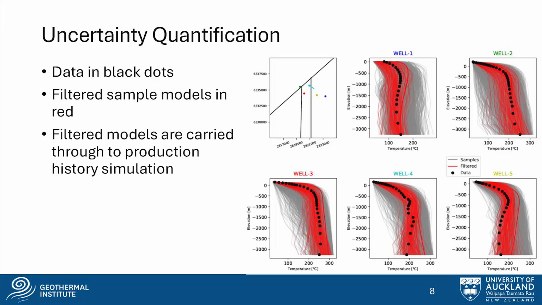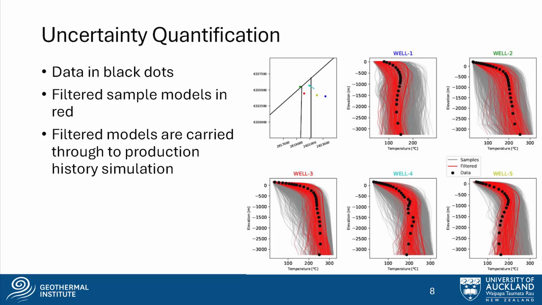And then what we do is we use that data and the uncertainty on the data, which is really key. We're not just using the data, but the uncertainty on the data to tell us which one of these thousands and thousands of models are a reasonable representation of the geothermal system. And those are parameters you can set. You can say, how much do I trust different types of data?